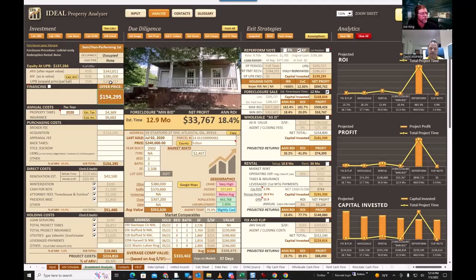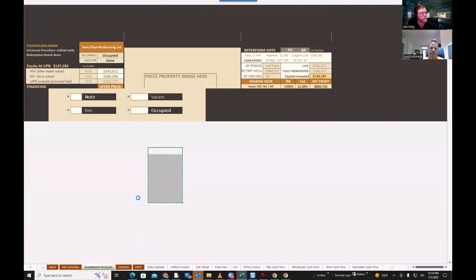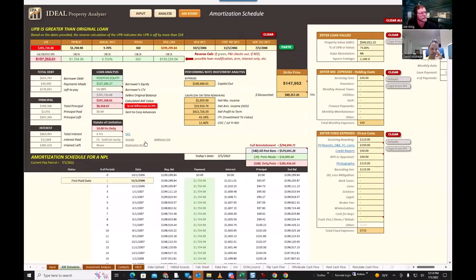So what we do is we say, okay, if that's the case, I'm going to go back to my AM schedule and I'm going to send the difference to IPA, which is basically going to change the UPB to this calculated UPB. And it's going to set the $8,458 into a corporate advance category that's non-interest bearing.